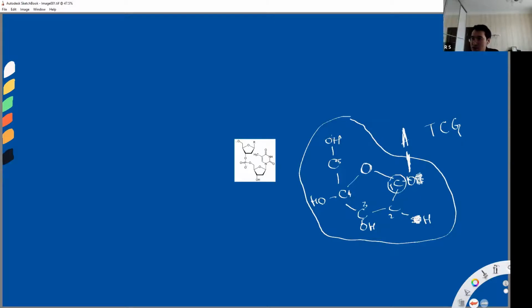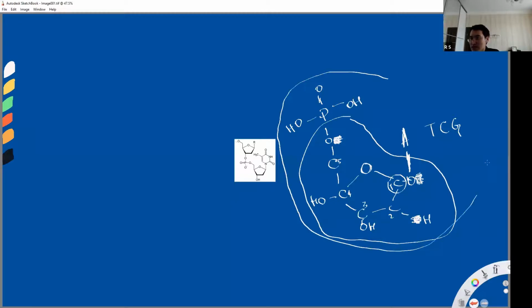And also we need to add one phosphate here. So remove this hydrogen and add phosphate. So it will look like O, OH, and OH. And this has become a nucleotide. And to make a chain of it, we remove one of these hydrogens and connect it to the third carbon of the next deoxyribose.